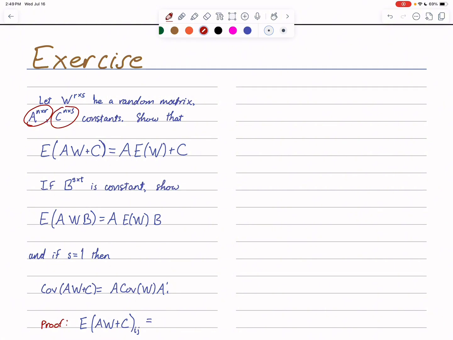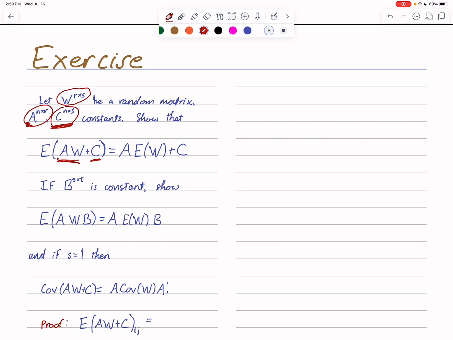It should hopefully be clear that we're going to multiply A times W because the dimensions match for matrix multiplication, and the resulting matrix will be an n by S matrix. Then it makes sense that we write this matrix C having dimension n by S, since it's getting added to this n by S matrix.